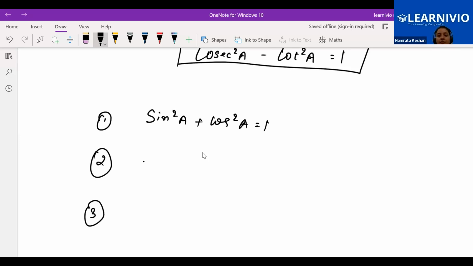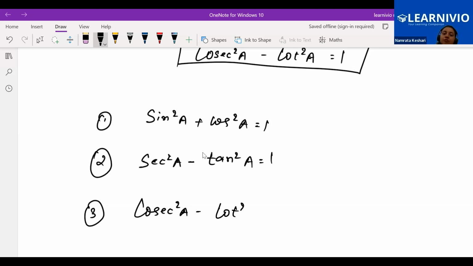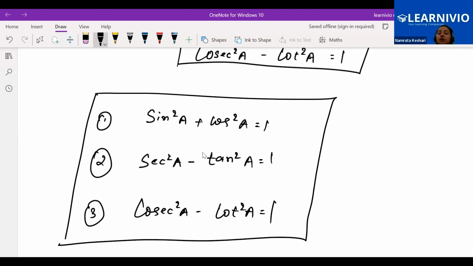The next one is sec squared minus tan squared equals 1. Perfect. Next is cosec squared minus cot squared equals 1. Perfect. These are the 3 identities we are having. By using these 3 identities, we will be solving questions in our actual class.